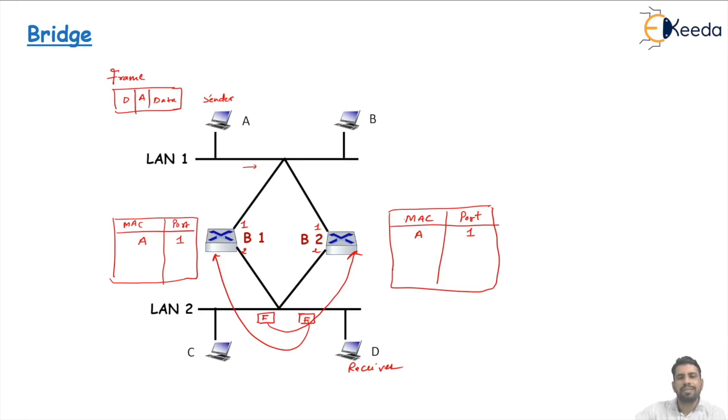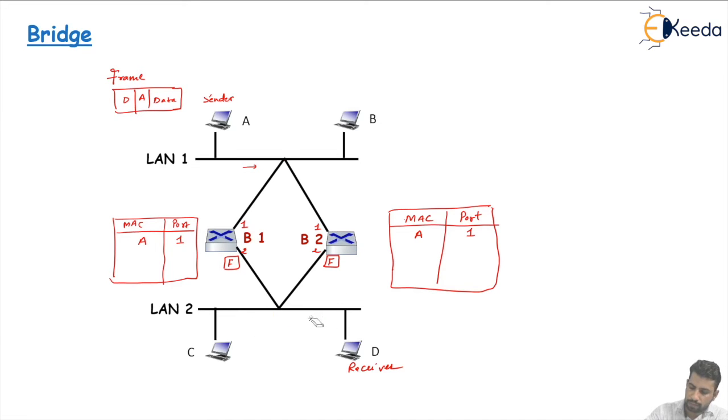Means the copy sent out from the left bridge B1 is received by the right bridge, which does not have any information about the destination address D, and the copy sent by the right bridge B2 will be received by the left bridge B1 and is sent out for lack of information about destination D. Now again the frame reaches bridge B1 and bridge B2.